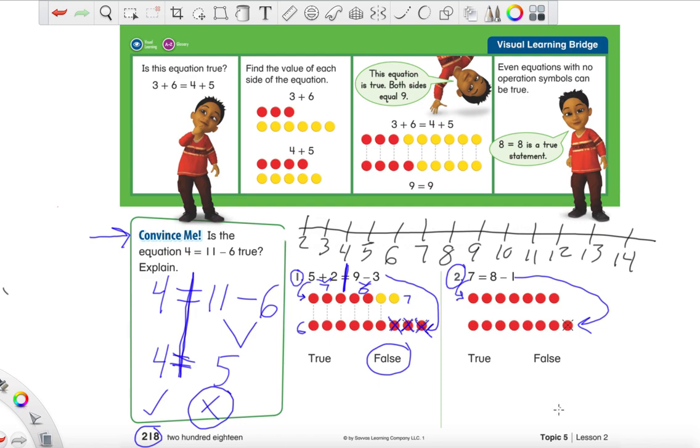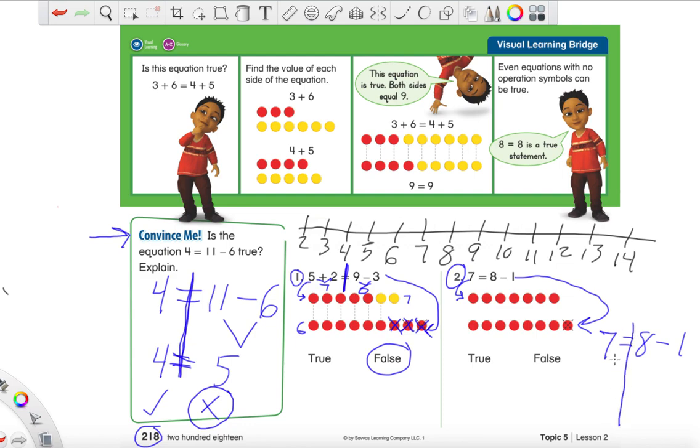And if it helps, you can rewrite the number sentence at the bottom a little bit bigger if you need to. Actually, let me write that a little bit smaller just so I have some working space. 7 equals 8 minus 1. Because I like the fence method personally.